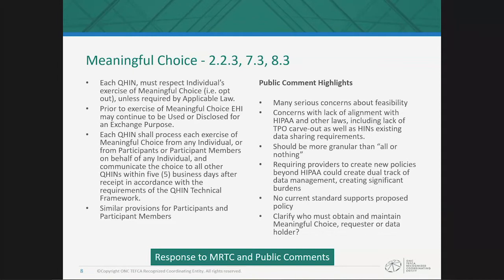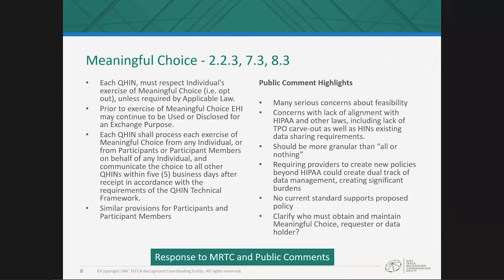And then the MRTC also imposes upon the QHIN the obligation to have a process in place to be aware of the meaningful choice, to respect the meaningful choice, and to incorporate that into the data flow.